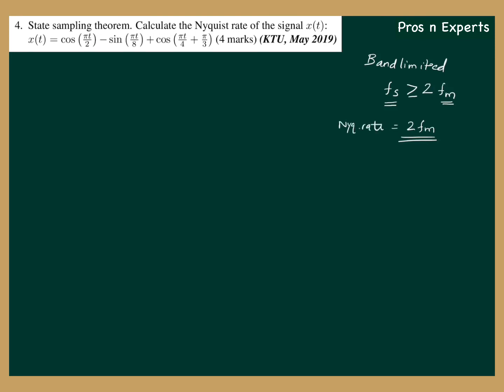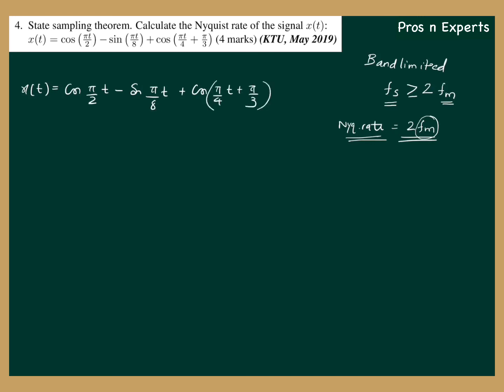So we have to identify what fm is. fm is the maximum frequency component in the message signal, and multiplying that value by 2 will give you the Nyquist rate. Our signal is x of t equal to cos pi by 2 t minus sin pi by 8 t plus cos of pi by 4 t plus pi by 3.